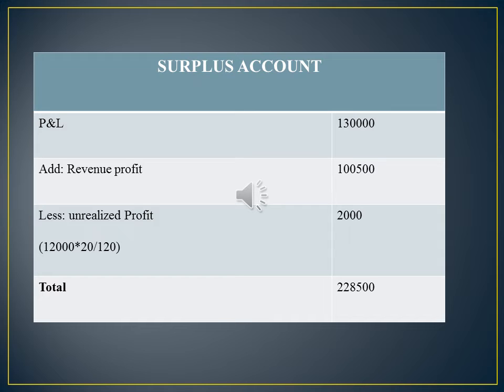So 20 divided by 120, and you will get the answer 2,000 rupees, and the sum total is 2,28,500. Proposed dividend is not added to minority and surplus account because it is already included in the revenue profit. You may please look at slide number 3, revenue profit.